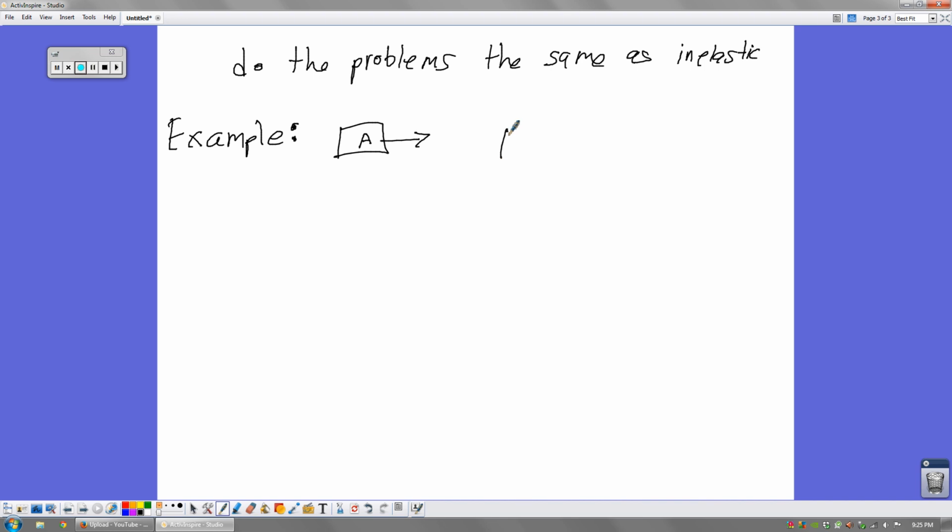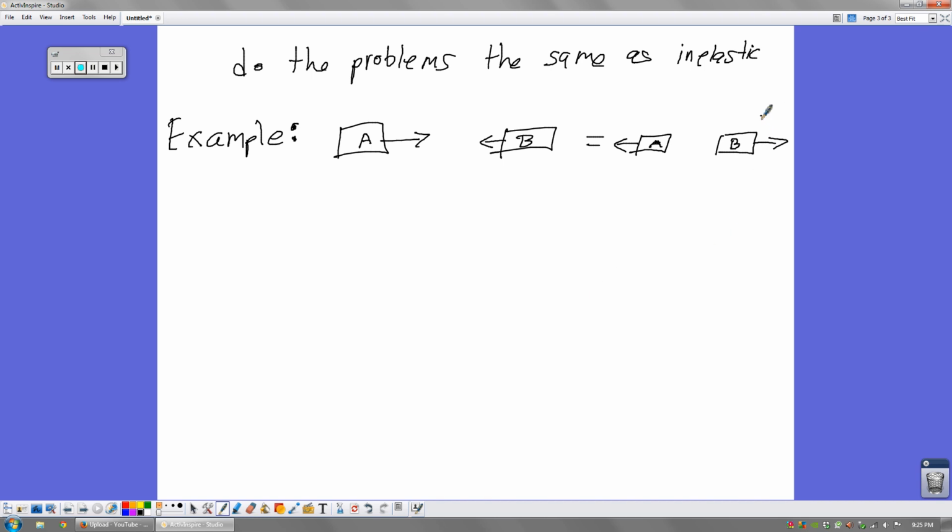Meanwhile, I have a thing that's going this way. They crash, and afterwards, my first thing has bounced back this way. And thing B has bounced back this way.